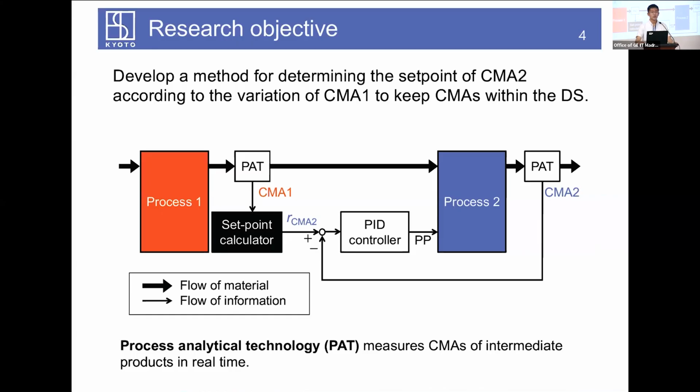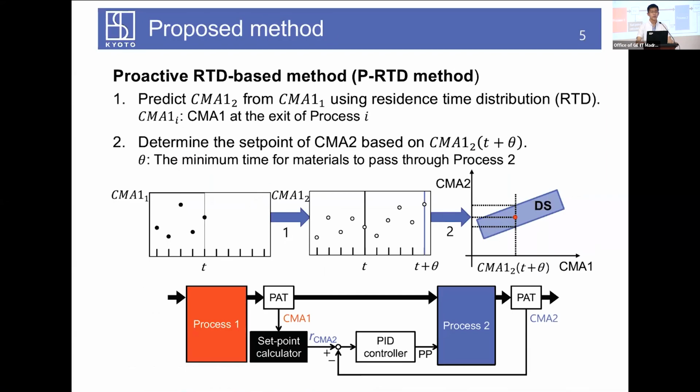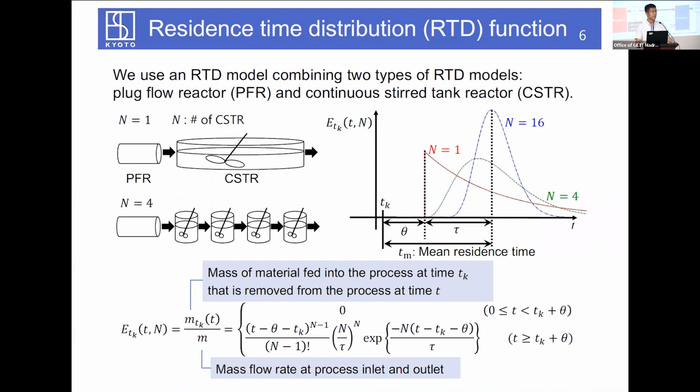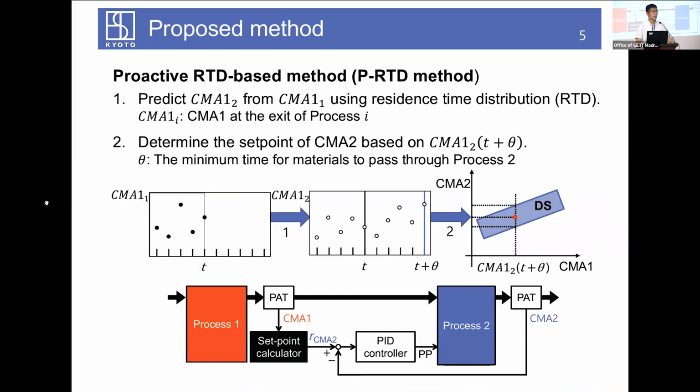This slide shows an overview of the proposed set point determination method. The proposed method consists of two major steps. The first step is to predict the CMA1 value at the exit of process 2, CMA12, based on the CMA1 value measured at the upstream exit up to the current time, CMA11. The second step is to determine the set point on the DS based on CMA12 at time t plus theta.